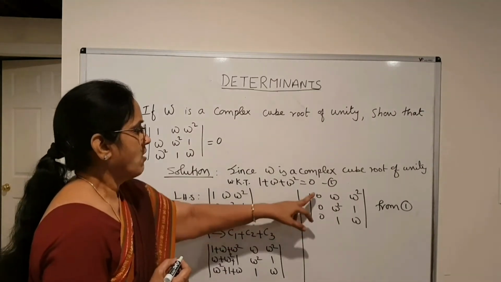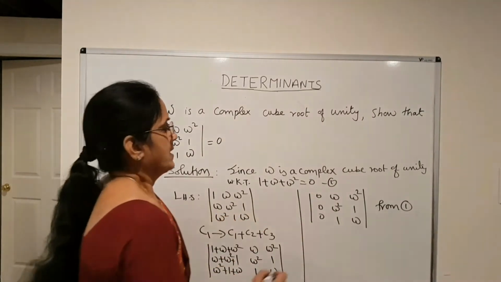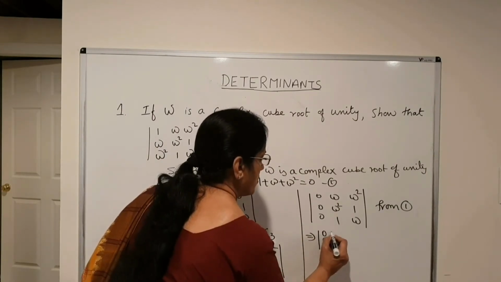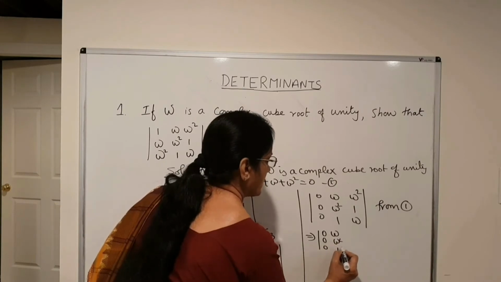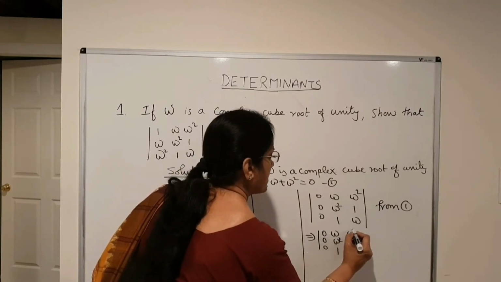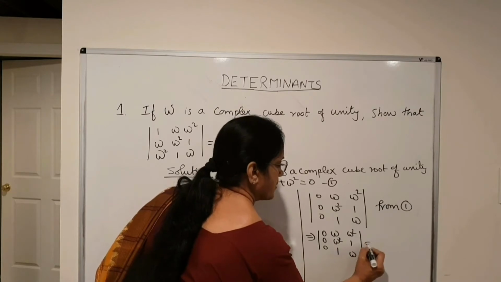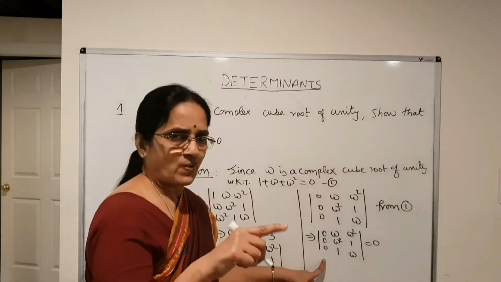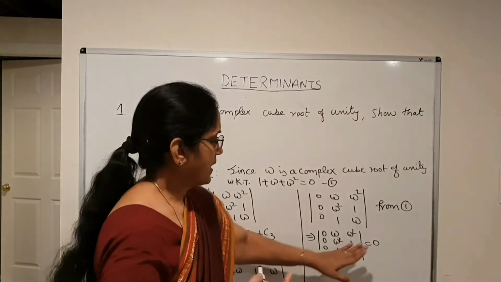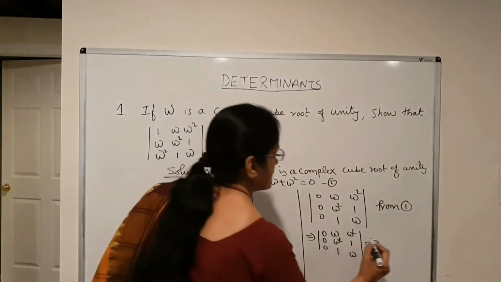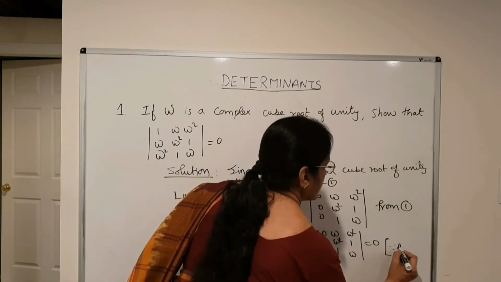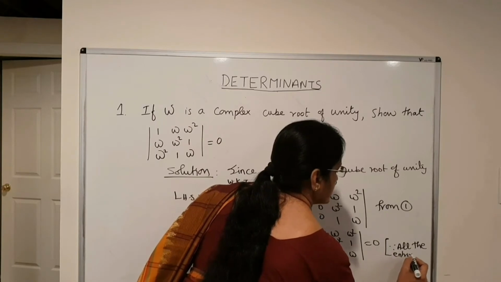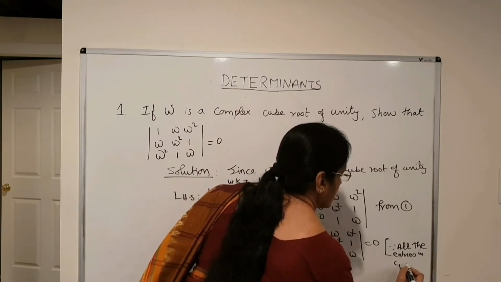So from 1, all the entries will become 0. This implies determinant 0, 0, 0 and so on is equal to 0. The reason is all the entries in C1 are 0. Therefore, the value also will become 0, since all the entries in C1 are 0.